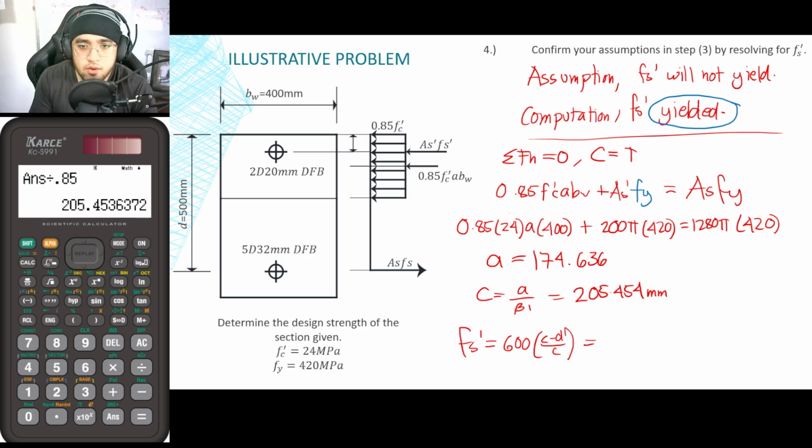So from that, this is now equal to 600 times (205.454 minus 60) divided by 205.454.